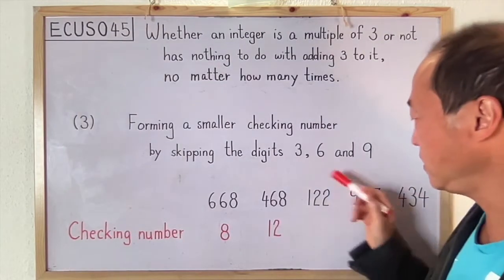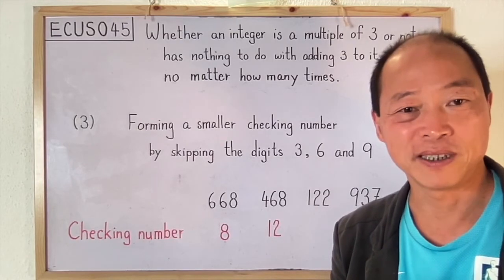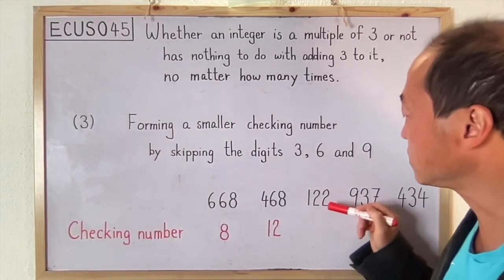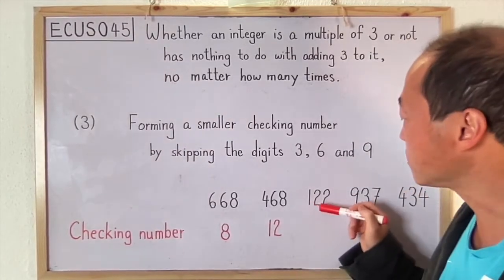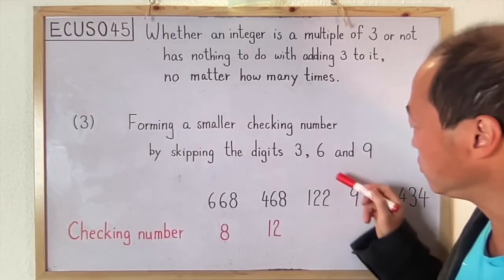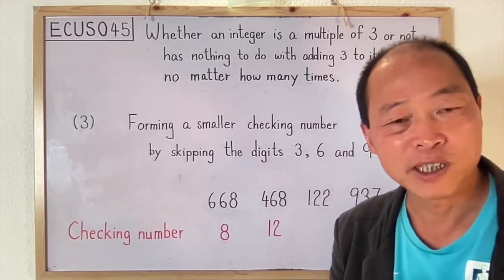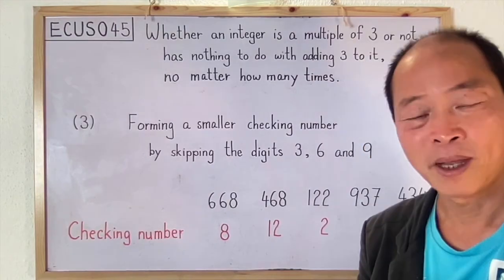Look at this integer. By method 2, to form a checking number, we have to do 2 plus 2 plus 1. However, 1 plus 2 is 3. What's the point of adding 3 to this 2? We simply don't bother to do it. The checking number is 2.